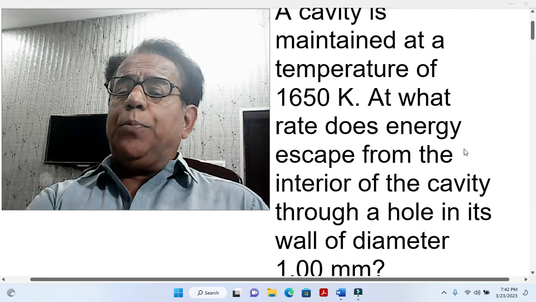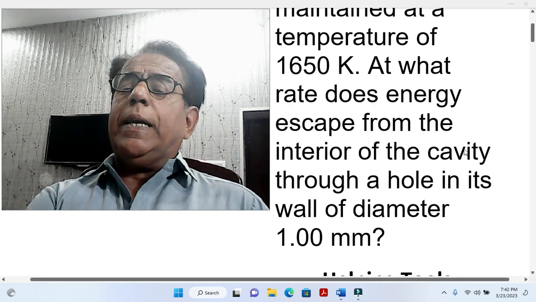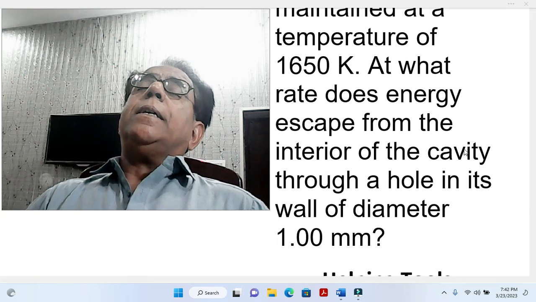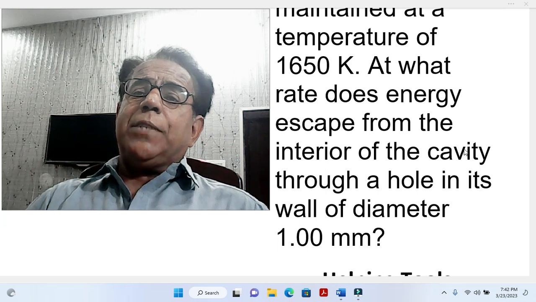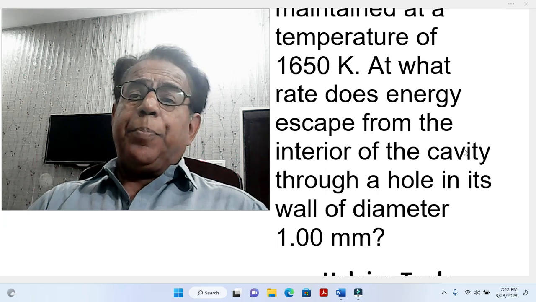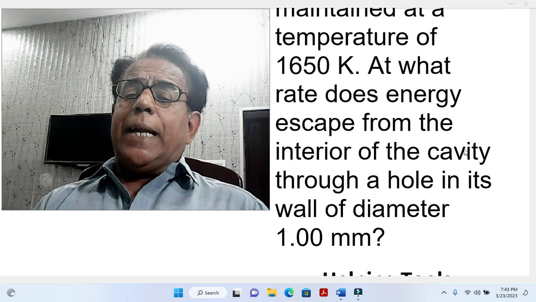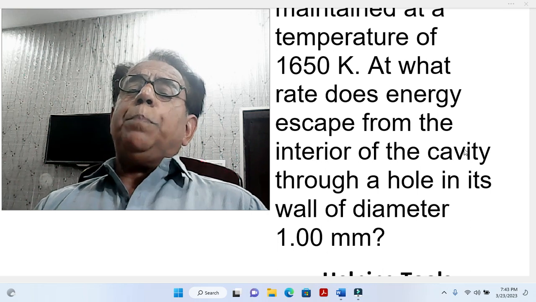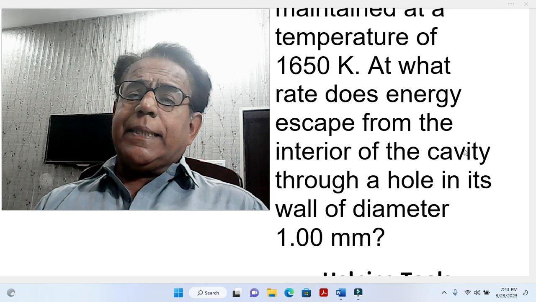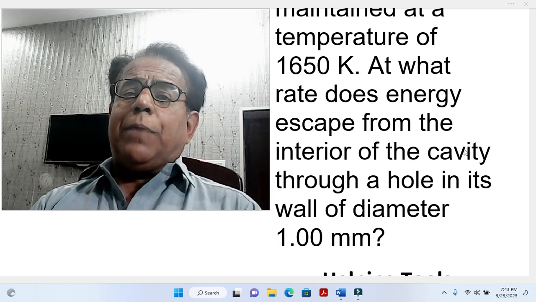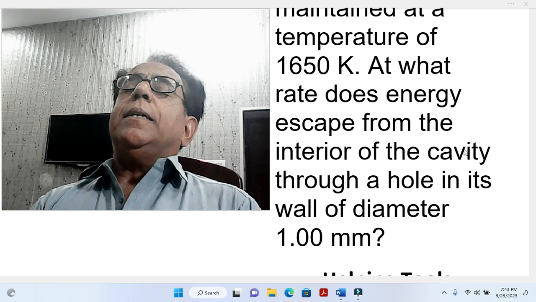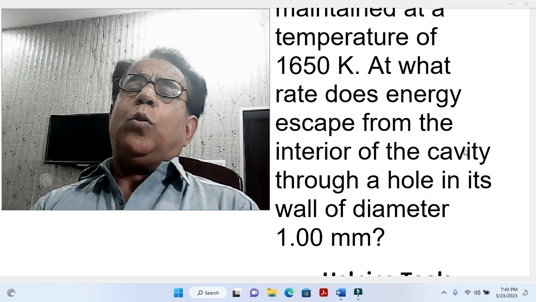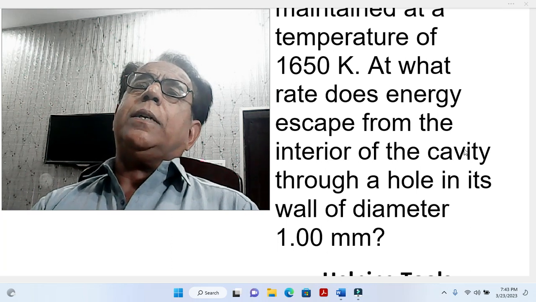of diameter 1.00 millimeter? Here mm stands for millimeter, and milli in mathematical language stands for 10 raised to the power minus 3. 10 raised to the power minus 3 stands for milli, while 10 raised to the power plus 3 stands for kilo. 10 raised to the power minus 6 stands for micro, 10 raised to the power plus 6 stands for million or mega, 10 raised to the power minus 9 stands for nano, and 10 raised to the power plus 9 stands for giga.